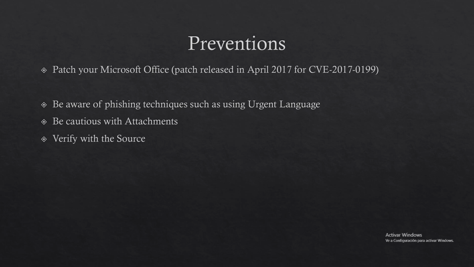Words like those, and you also gotta be cautious with attachments. In this case, this Excel file which is compromised. You can also verify with the source. For example, you can call the legitimate company. You can also email them about the matter, but you just gotta be aware in general terms.